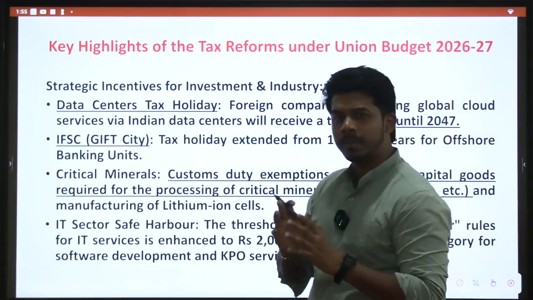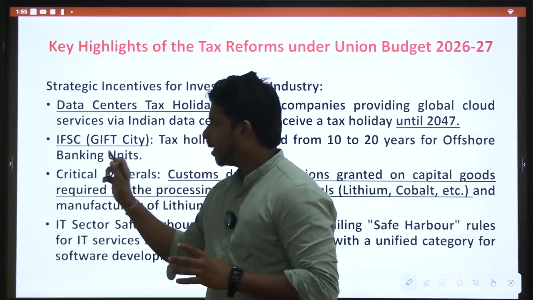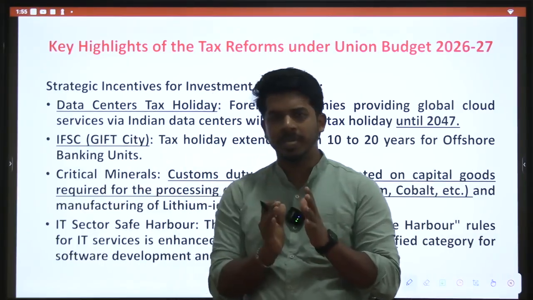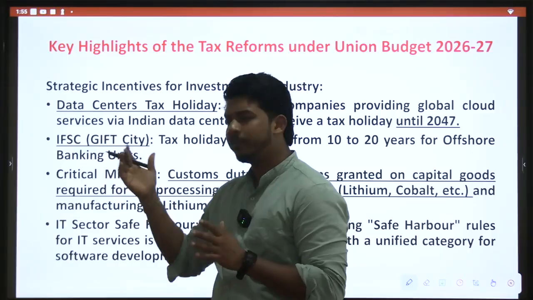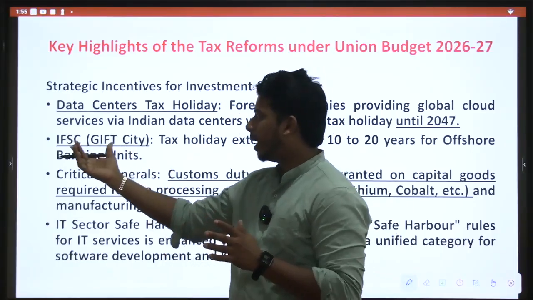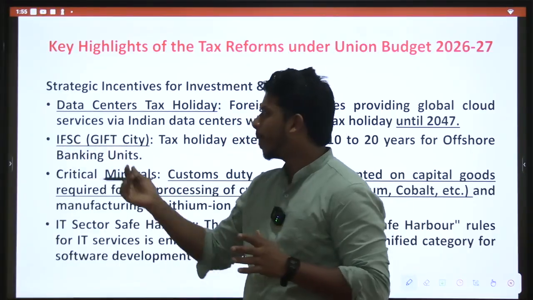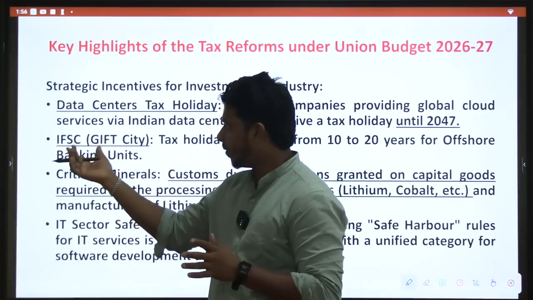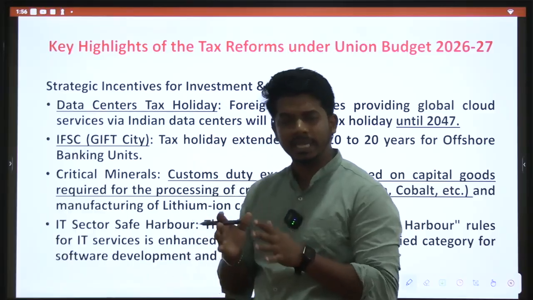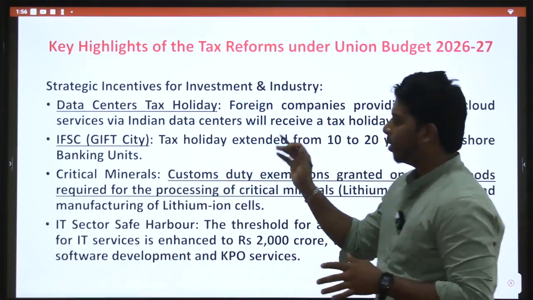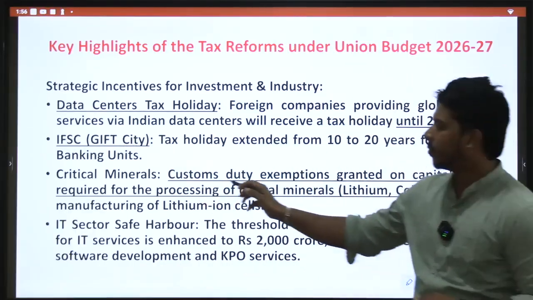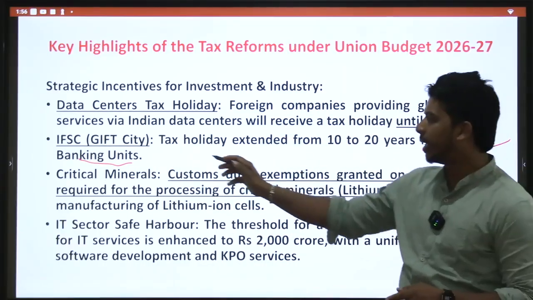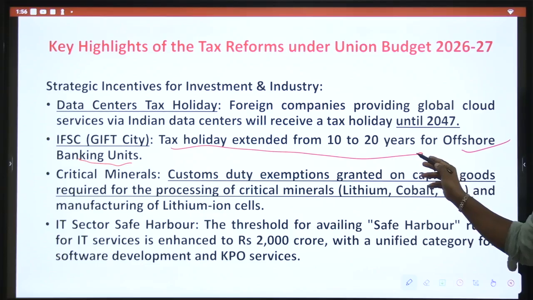Then we have established something called GIFT City in Gujarat. For prelims, you should know what is GIFT City. Go and read the factual basics of GIFT City. In GIFT City, we have something called IFSC, the International Financial Services Centre. This is in Gujarat, I think in Gandhinagar. For the offshore banking units in this IFSC, we have given a tax holiday for another 10 years.